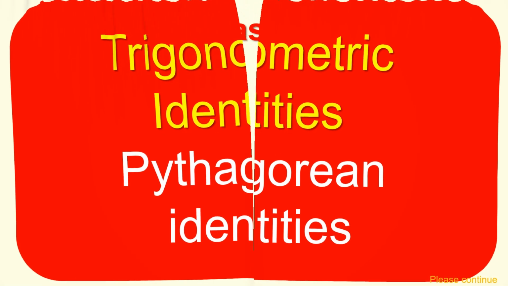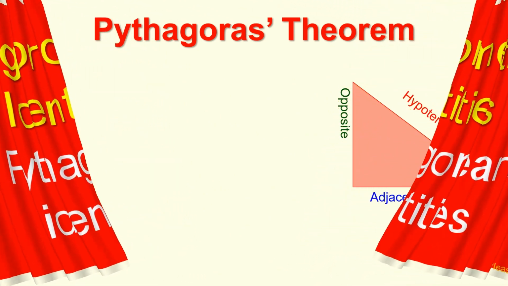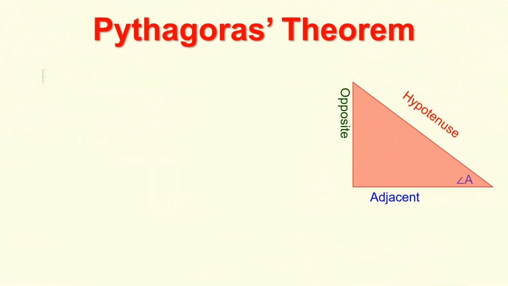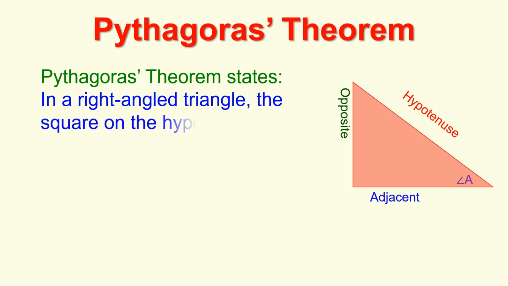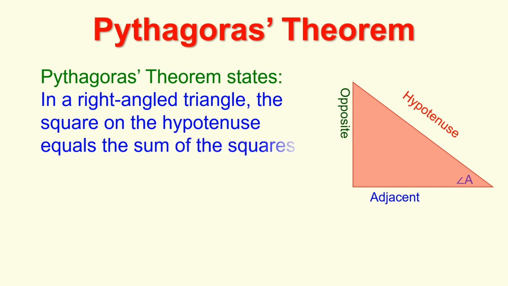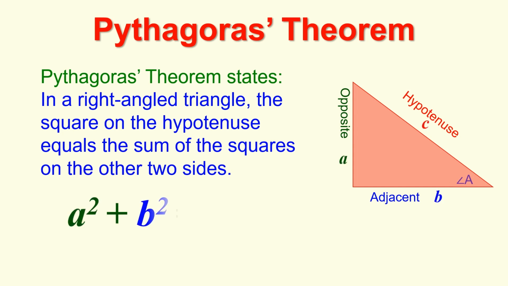Pythagorean identities. Pythagoras' theorem states, in a right-angled triangle, the square on the hypotenuse equals the sum of the squares on the other two sides. A square plus B square equals C square.